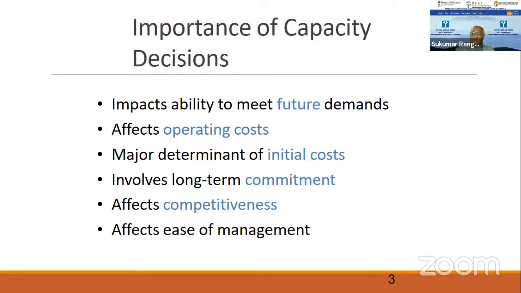If there is a certain spurt, God forbid, we are able to meet it. So capacity impacts the ability to meet future demands, affects the operating costs, is a major determinant of the initial cost, involves long-term commitment, affects competitiveness, and affects ease of management.